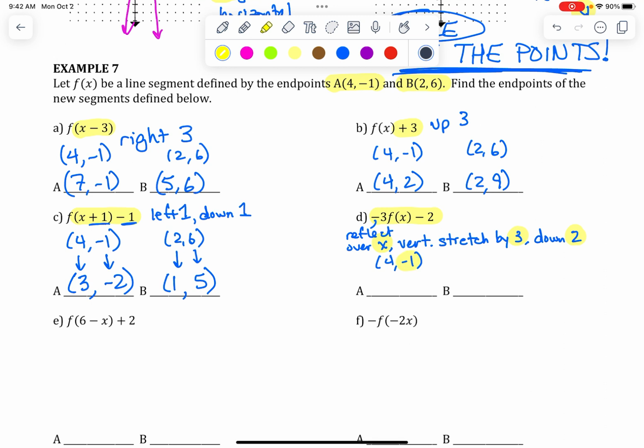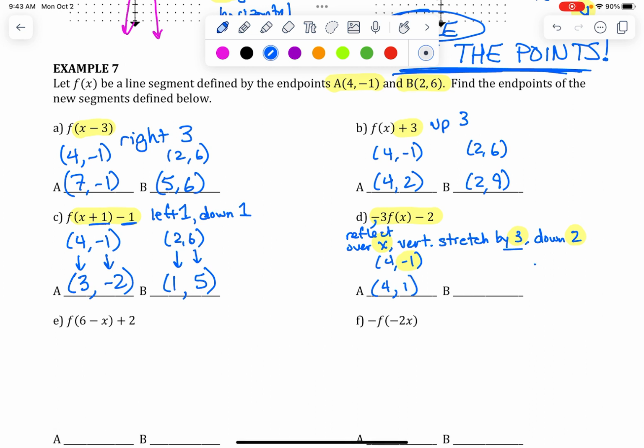So the only effects on any of these are y value effects. So the 4 is going to stay the same. Okay? So what's going to happen is you're going to take the reflection over x, so that (4, -1) sort of becomes (4, 1). And then you're going to vertically stretch it by 3, so the 1 becomes the 3. And then you're going to go down 2, subtracting 2 gives you 1. All right, so mathematically, what did we do?